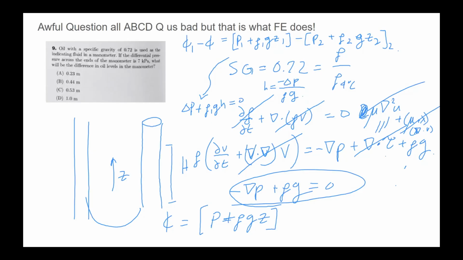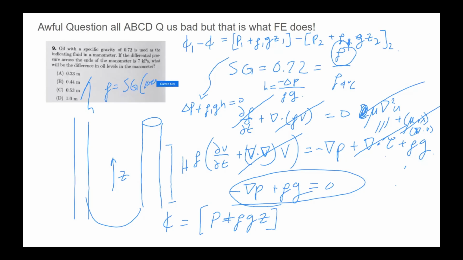Yeah, that is quite accurate to say. And obviously this is the same density because there's no two liquids, so you're just subtracting those two. Got it. Okay, so now all we have to do is figure out rho first. Rho equals SG multiplied by 1000.